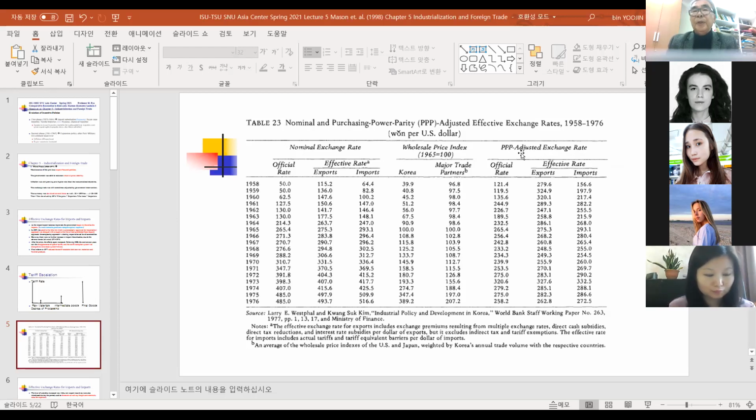What is PPP? PPP is a little bit difficult word, but it is purchasing power parity. In other words, we used to call this the McBurger index, McDonald's hamburger price index.